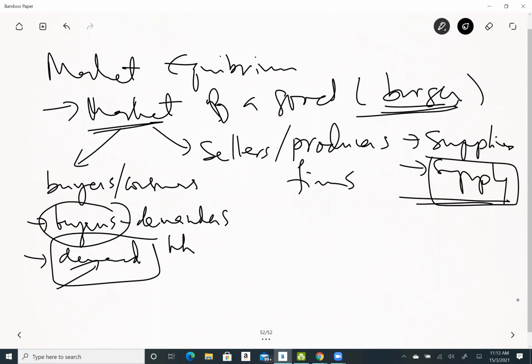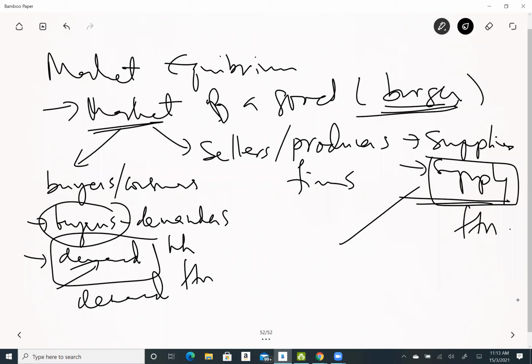So you have a demand function and a supply function. The interaction between supply and demand in the market will determine the market price and the market quantity. We call that market equilibrium.